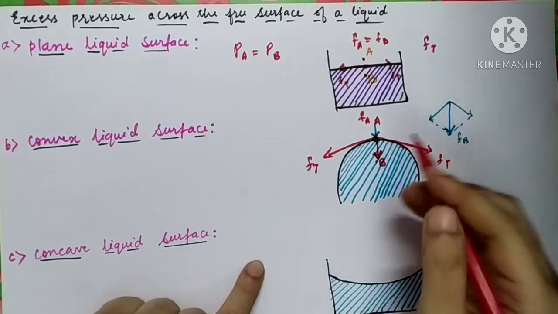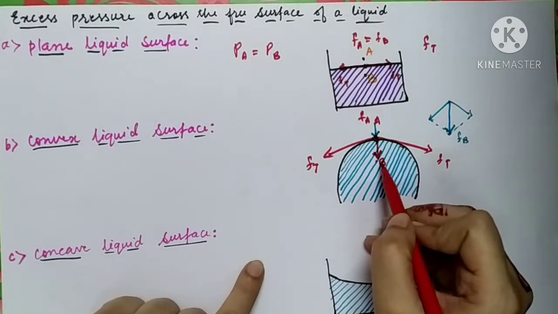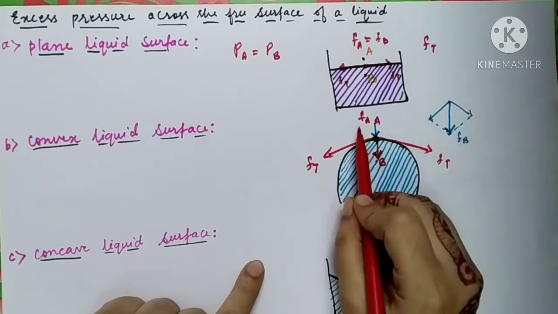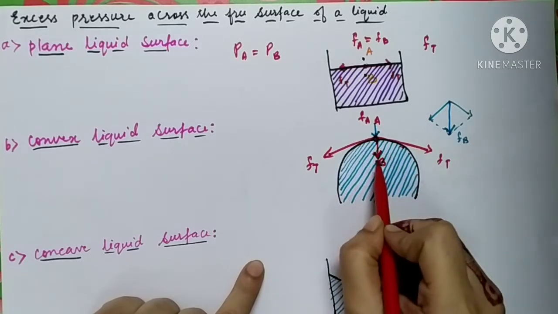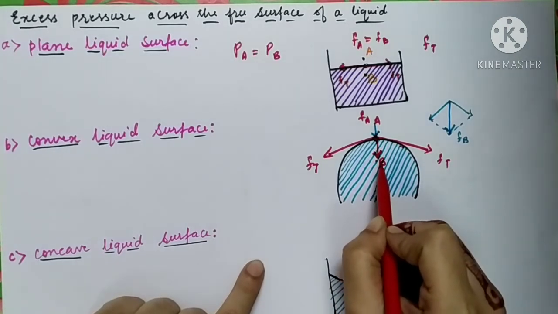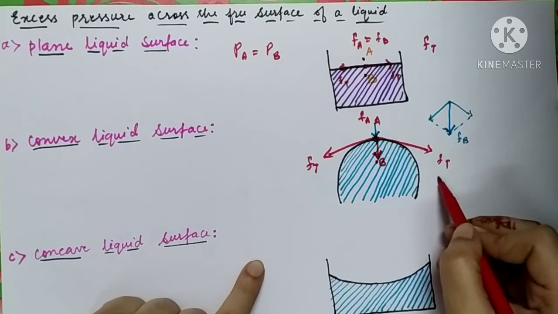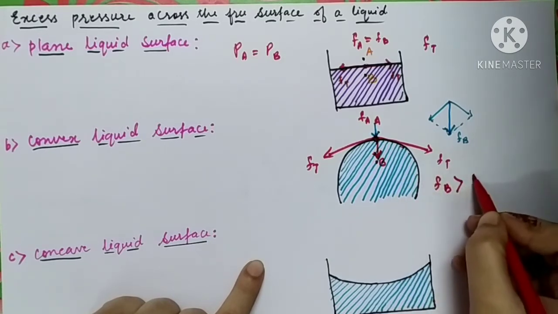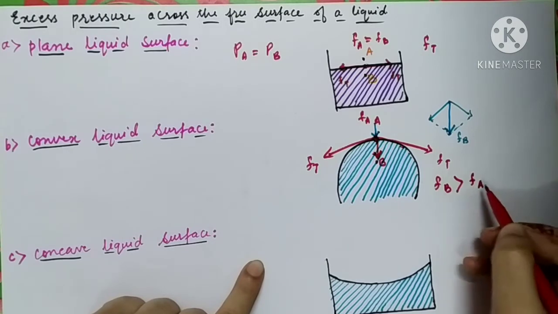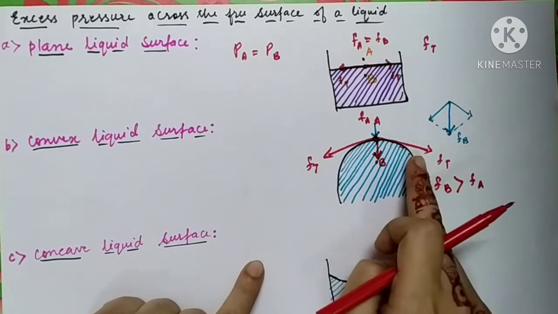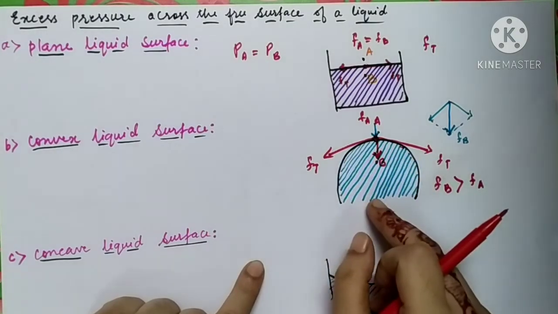So you can say that point B is under the action of two types of forces. One is the atmospheric force, and the second one is forces due to surface tension. So you can say that force acting at point B is now greater than force acting at point A. FB will be greater than FA, because there will be a resultant force due to surface tension.